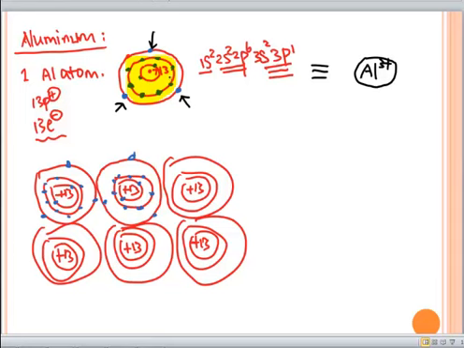Now you have 2 rings with 10 electrons. So this is in essence the aluminum 3 plus ion, surrounded by the valence shell that has 3 electrons.